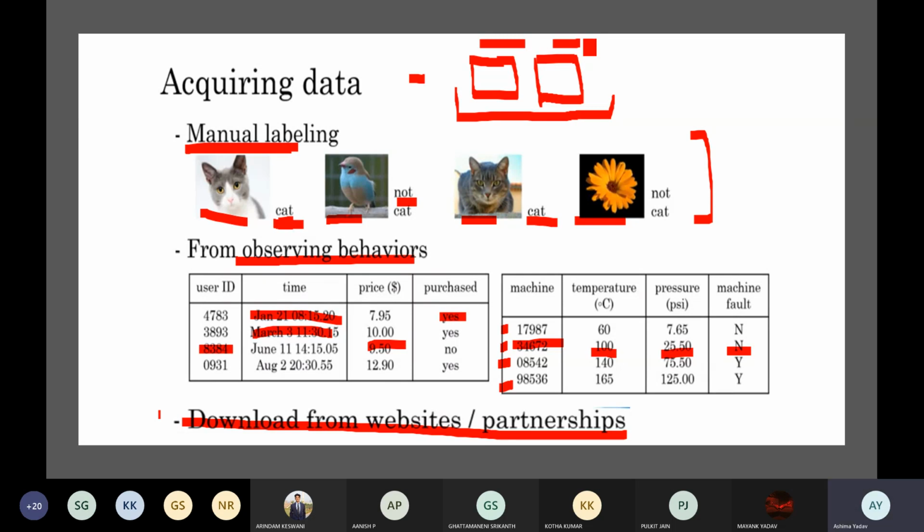Suppose I go to the Flickr website or the Getty Images website and download images using a keyword such as river or a beautiful sunny day. Suppose I fetch the data with keywords like beautiful sunny or good day.